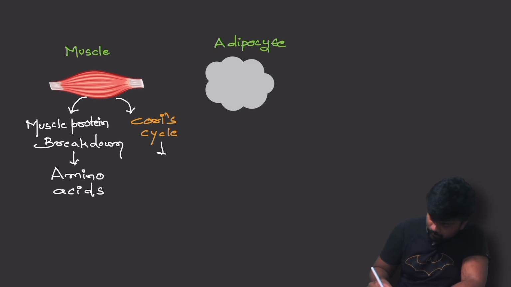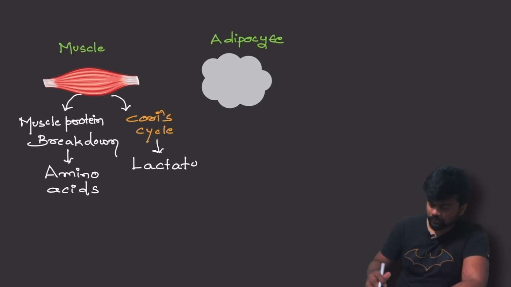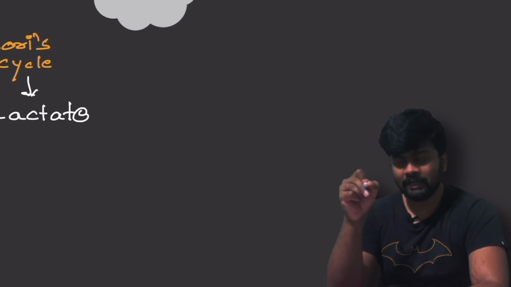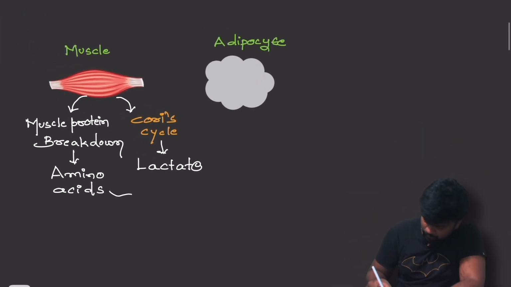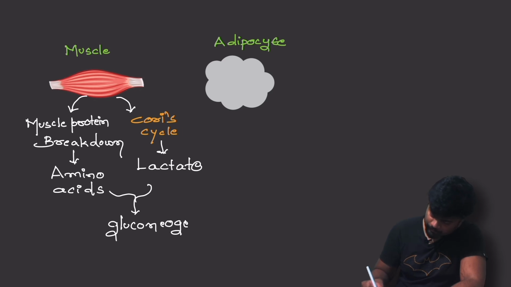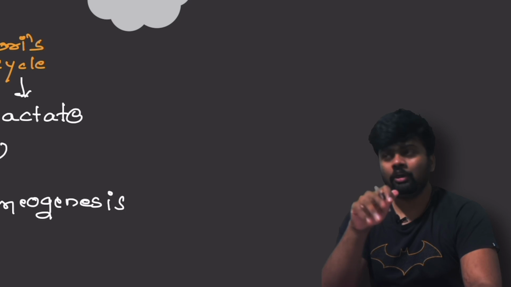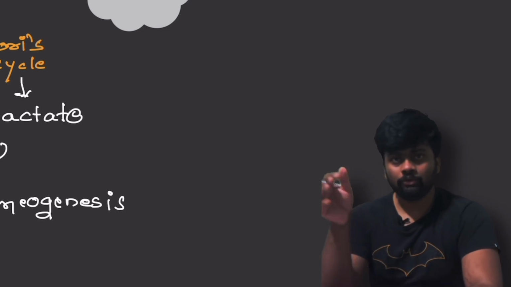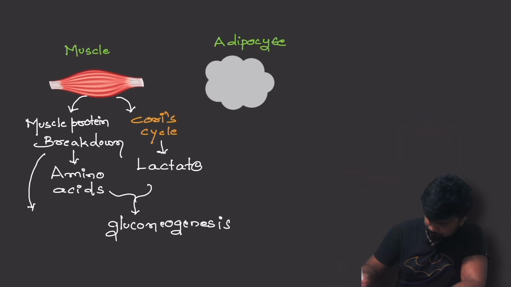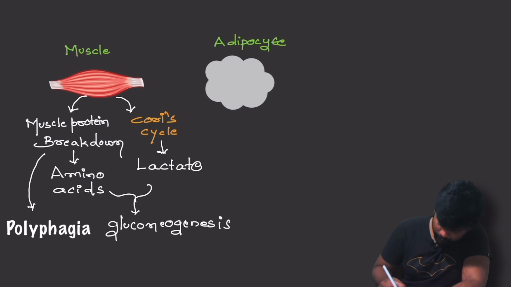Cori's cycle will lead to formation of lactate. So both amino acids and lactate will go into gluconeogenesis. This muscle protein breakdown makes the body feel that it doesn't have any proteins or any food. So this causes polyphagia, that is, the person will be eating more.